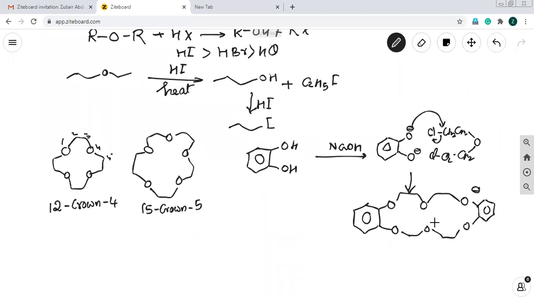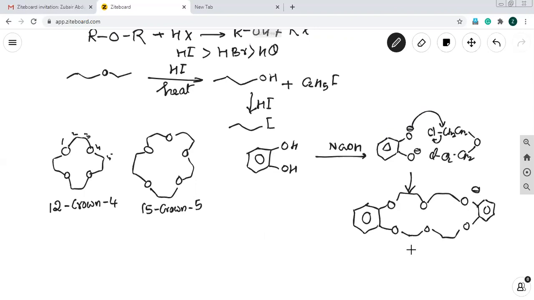Okay, see here. Now, how will you name this compound? So count the number of atoms in the ring. 1, 2, 3, 4, 5, 6, 7, 8, 9, 10, 11, 12, 13, 14, 15, 16, 17, 18.